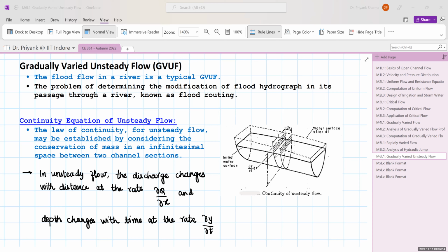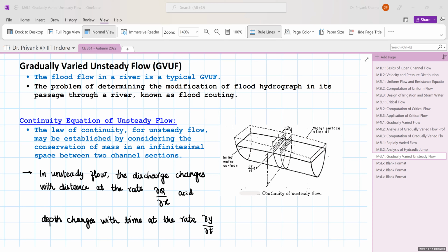This is your initial water surface, the solid line, and then the water surface after time dt is this dashed line. So there is an increase in the water surface, which we represent as dy, the change in the water surface. If you want the rate of change, it will be del y by del t, the rate of change in time dt.